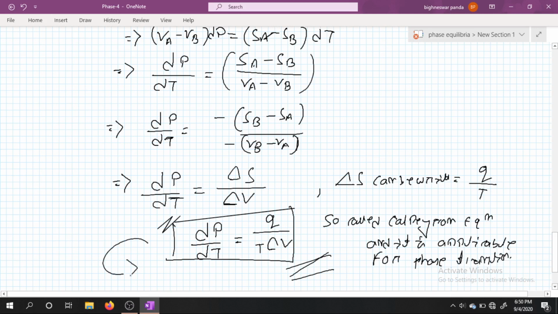Consider this is equation 3. So dP by dT represents change in pressure per unit change of temperature.